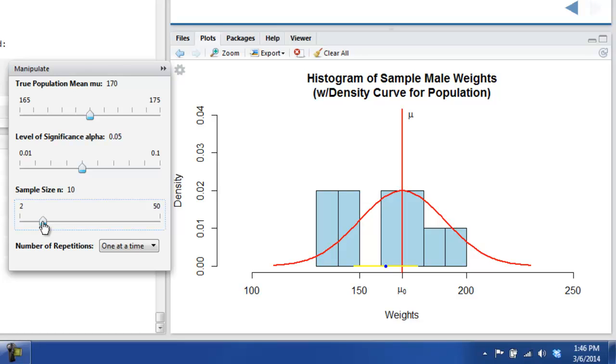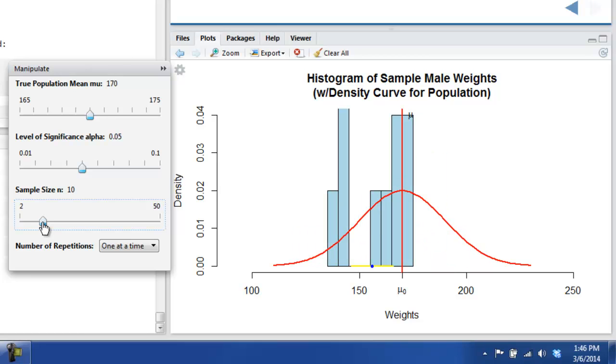Let's try more samples. Another sample of size 10, and another, and another, and another. We see another case in which the confidence interval did not contain mu naught. We'll be committing a type 1 error again.